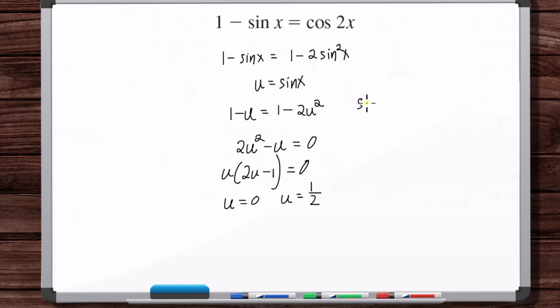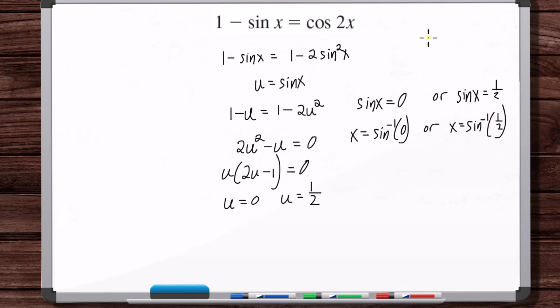So we've got u is equal to 0, u is equal to 1/2. So sine of x is equal to 0, or sine of x is equal to 1/2. So x is equal to inverse sine of 0, or x is equal to inverse sine of 1/2.